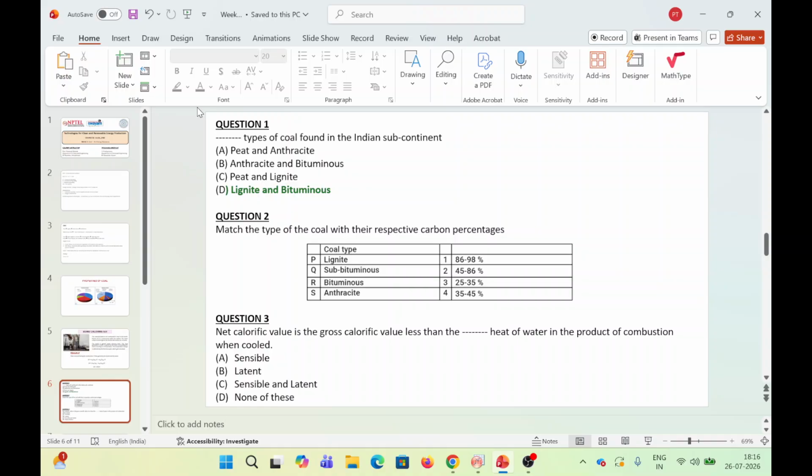So this lignite and bituminous, are they high rank coals or low rank coals? Sir, bituminous is a high rank coal. Lignite.